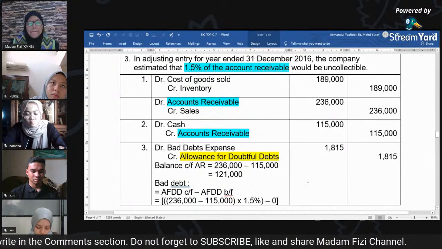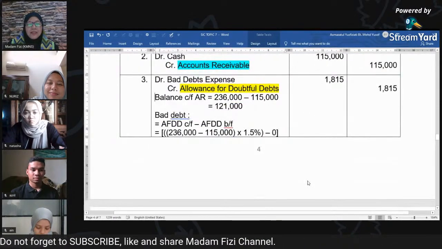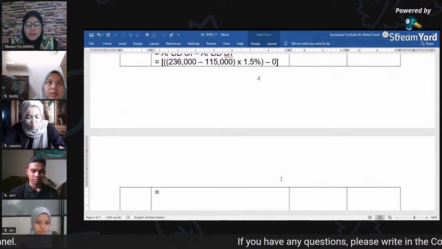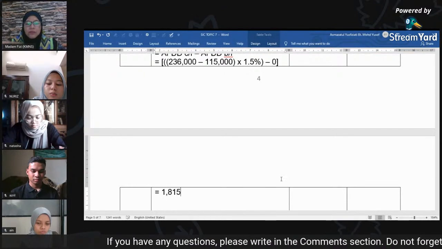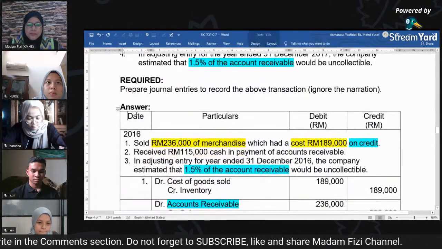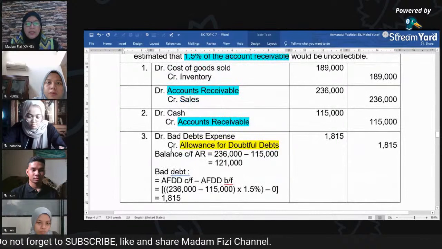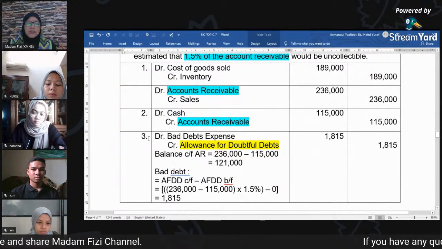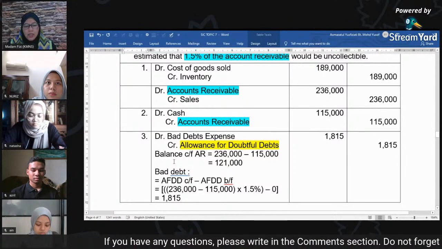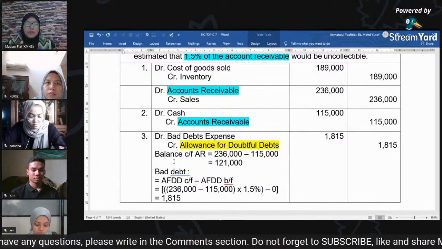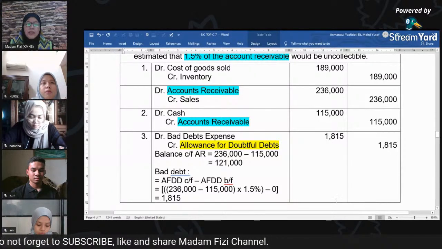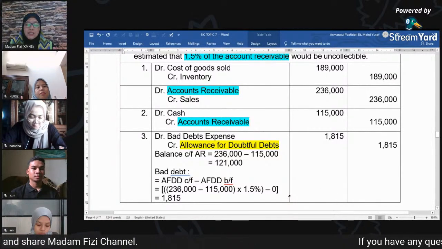Okay, susah tak? So yang ini jawapan dia adalah 1,815. So that is the third transaction. Because they are using the percentage of accounts receivable to find out the bad debt expenses, firstly you have to calculate the accounts receivable balance carry forward.